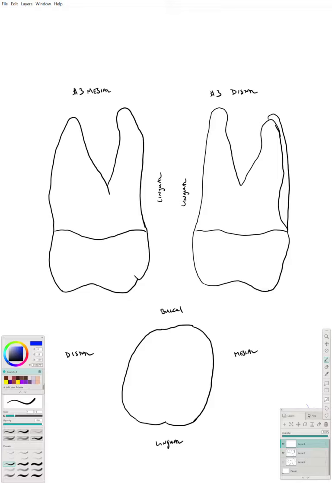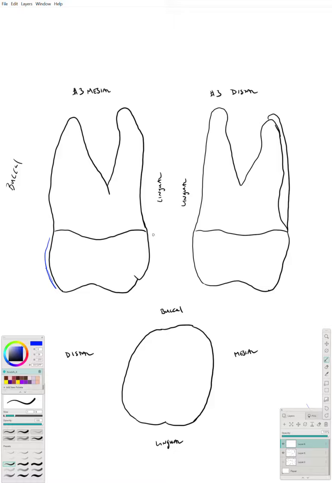So that plays into effect. And then the other thing that I was just going to highlight here is that the buccal aspect of this tooth, I forgot to write in buccal here, is significantly more rounded right here.